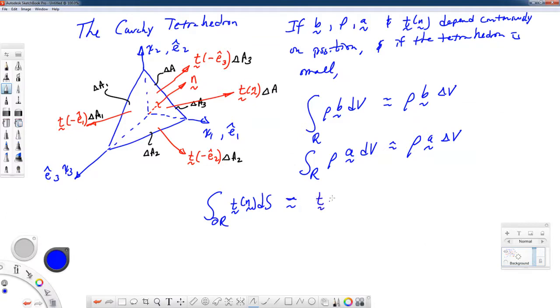The traction vector on the front face plus the other three terms, I'm going to use the summation of the traction vector in the minus e hat j direction times delta A j. Okay, so that's just those four force terms added together.